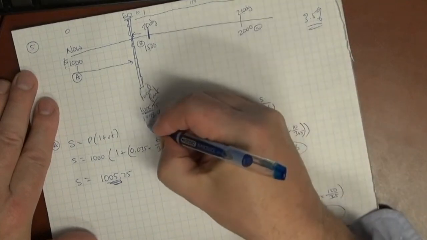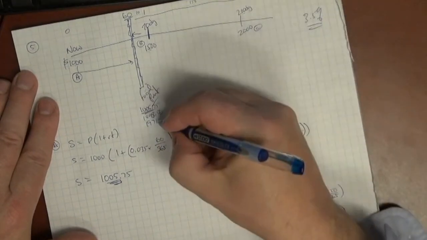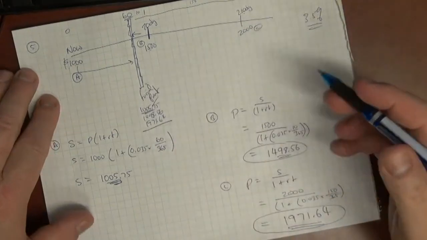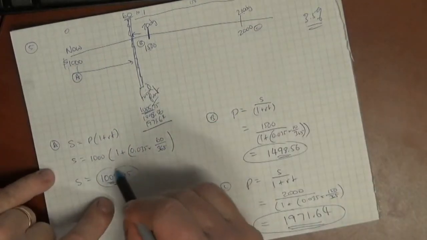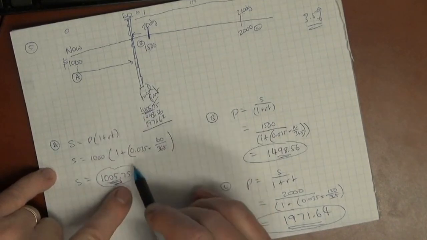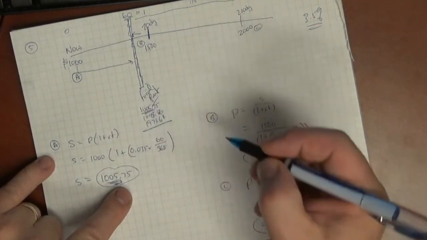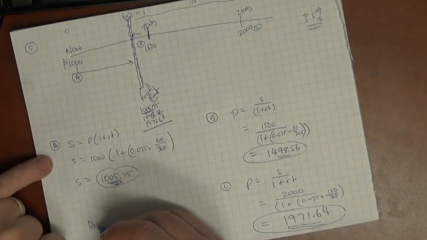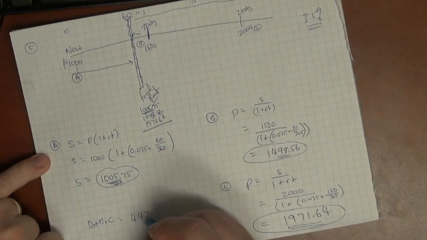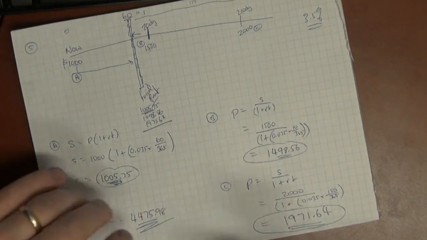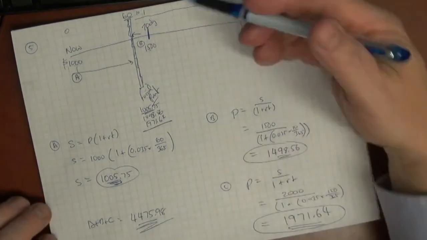And the 1,000 that we put in is worth 1,005.75. So we add those three things together, A plus B plus C, and that will give you the equivalent value, which is $4,475.95.